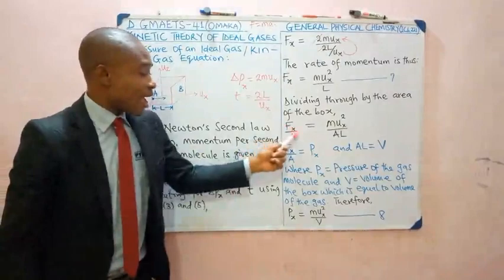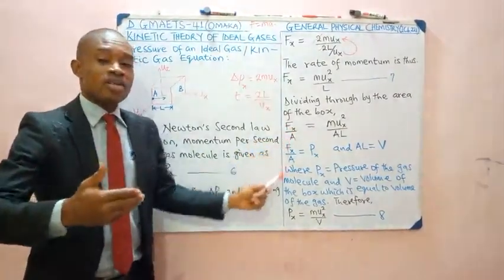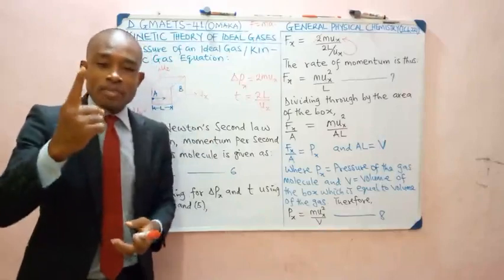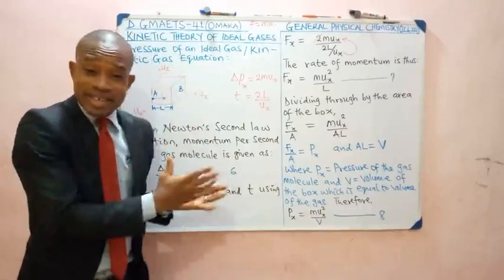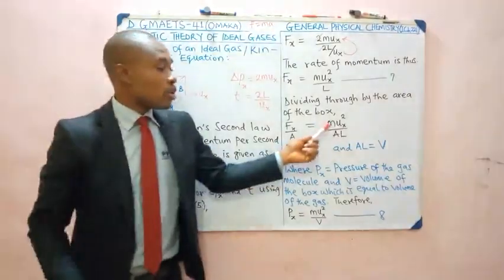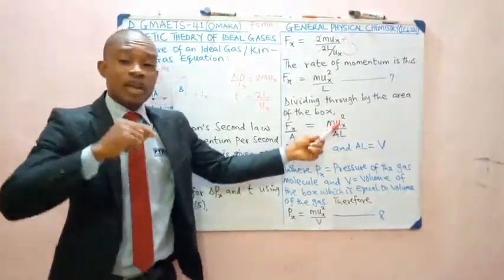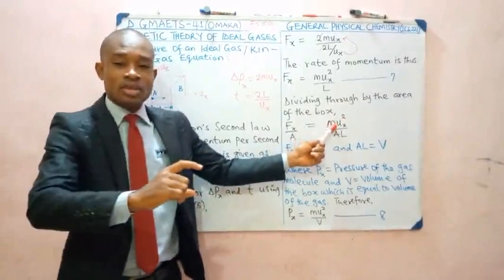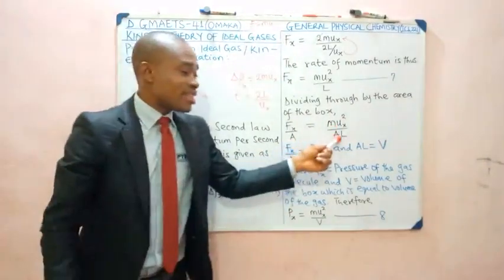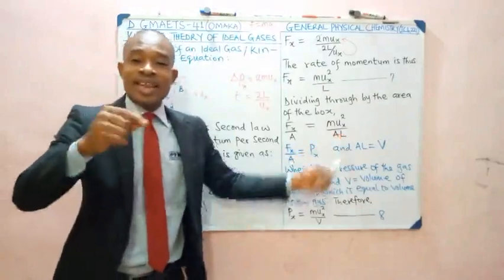This F sub x divided by area is the pressure in the x direction. That's the pressure of the mass of one molecule of this gas, because all our analysis up to this point is still based on mass of one molecule. That is now going to be equal to the mass times the square of the velocity in that x direction, then divided by area times length. This A is area, this L is the length.